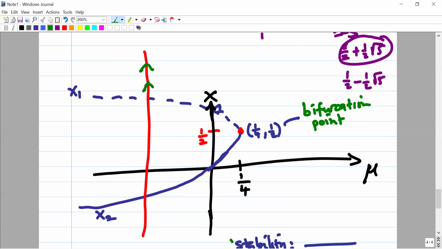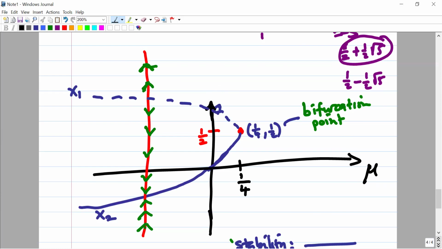So if we start our solutions above this x1 equilibrium point, they're going to move away from it. If we start below, they're also going to move away from it. So what it means is a stable equilibrium point has to attract. And if we start on this side here, they are all going to be going to the stable equilibrium point. So this is now how we show the direction of movement of trajectories on the bifurcation diagram.